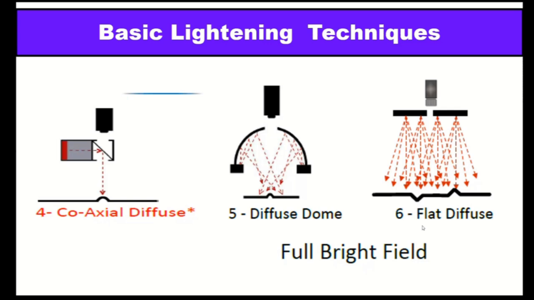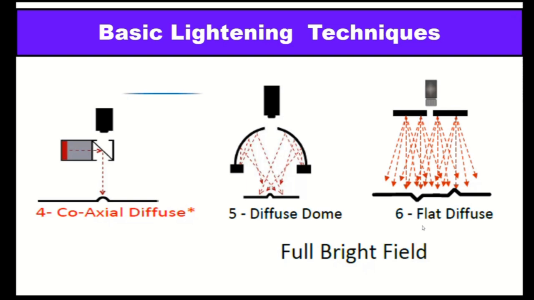If parts are very small, micro, surfaces are very small, then we need covered area. So lighting should have full illumination across the whole surface. Diffuse dome works in that case. Diffuse dome gives light on the whole surface, so that wherever the smaller area is, it will be captured easily.